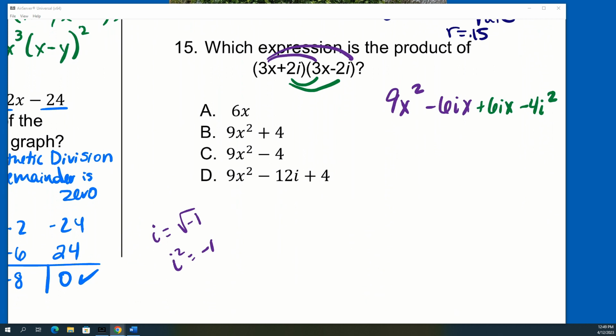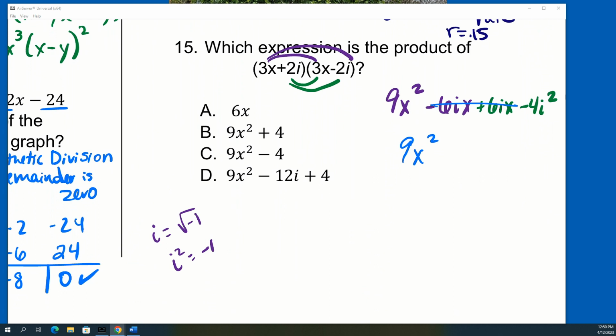So what about this -6ix and +6ix? What's going to happen with those? These middle terms, what do they equal? 0. So they're going to subtract away. And then we have 9x squared.